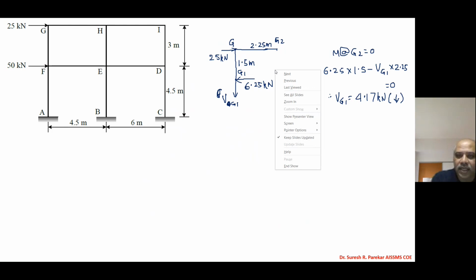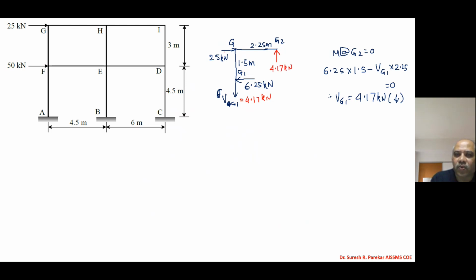Now by using summation Fx equal to 0 and summation Fy equal to 0, I will get the value at G2. The VG1 I got is 4.17, which is downward. So automatically at G2 it will be upward with 4.17 kilonewton.